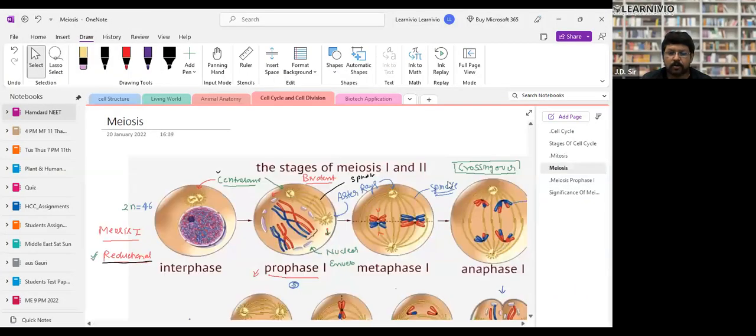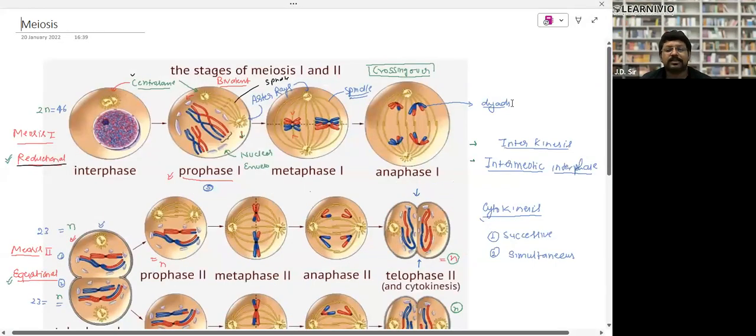Now come to metaphase 1. So this is a simple stage. Put the second subheading, metaphase 1.